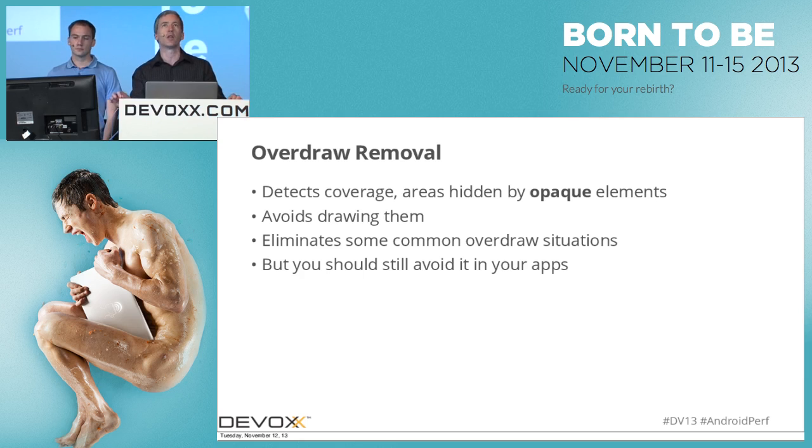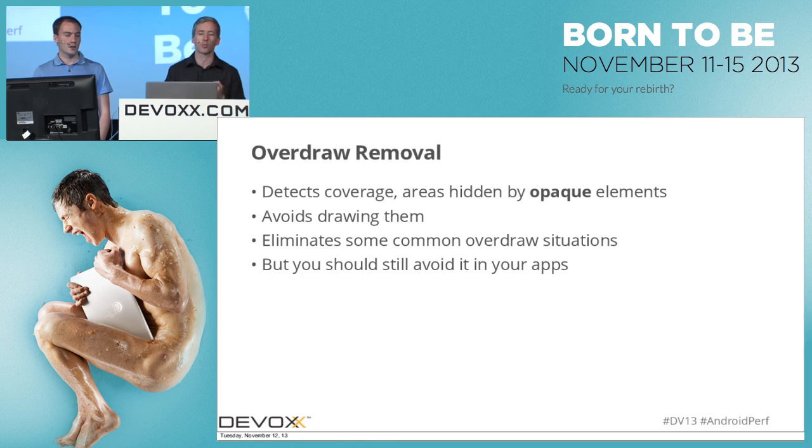Basically, the more times that we need to draw every pixel on the screen, the more your application is going to suffer, because the more time it takes, obviously. So by removing maybe an entire screen's full of pixels, we've removed one layer of overdraw and made things much more optimal. You should still optimize for overdraw in your application. You'll see some tools later for doing that. But in general, we try to handle this in some of the more egregious situations for you.